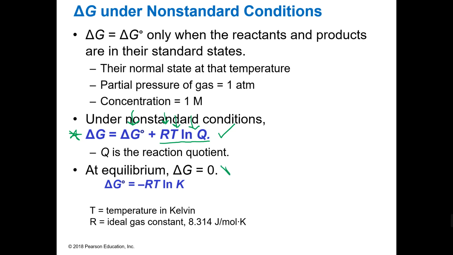Remember, at equilibrium, delta G equals 0. So we could simply rearrange this equation right here, saying at equilibrium, we're just simply going to say delta G naught equals negative RT ln K. Because remember, K is at equilibrium, where Q is at any given point during the reaction, although it could also indicate equilibrium.